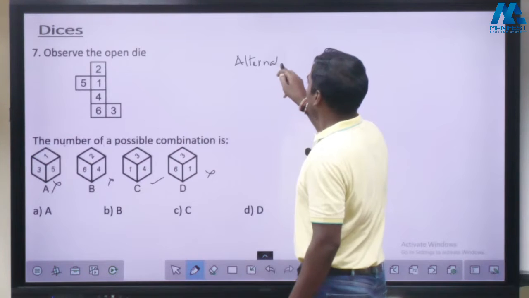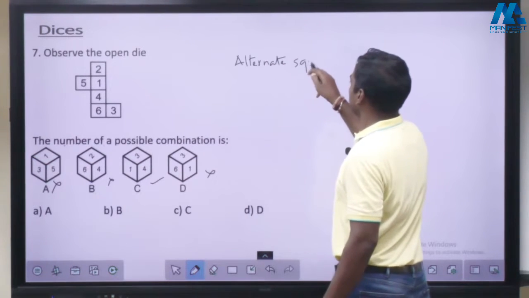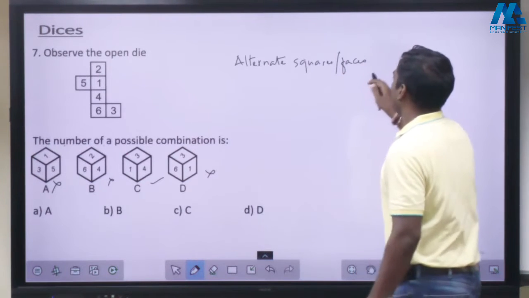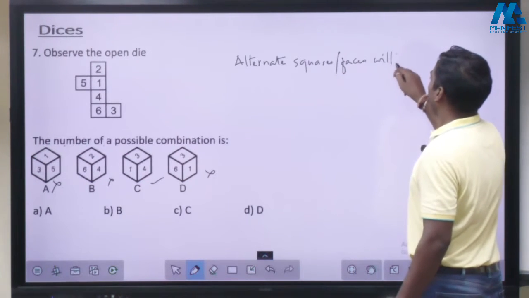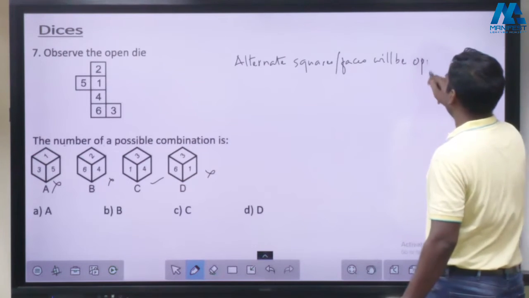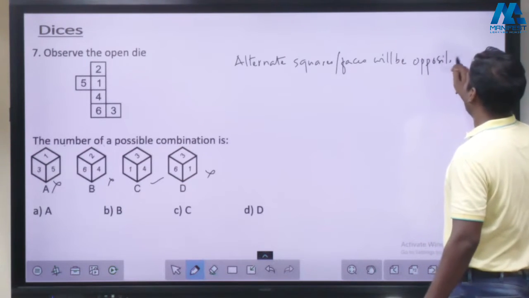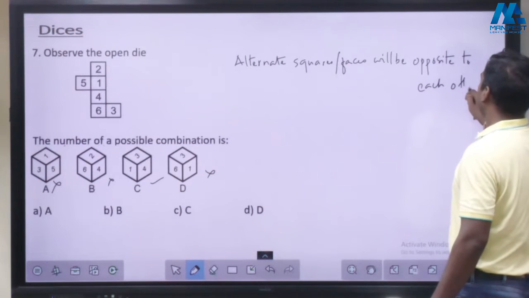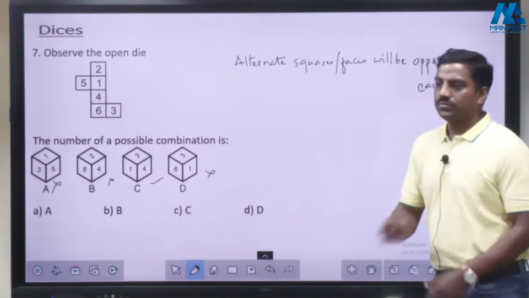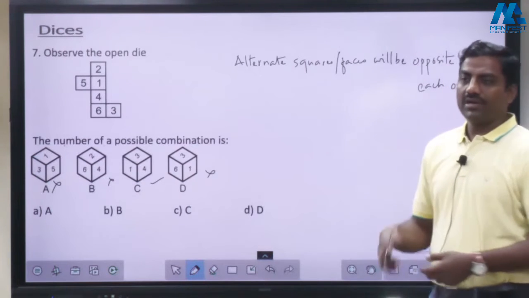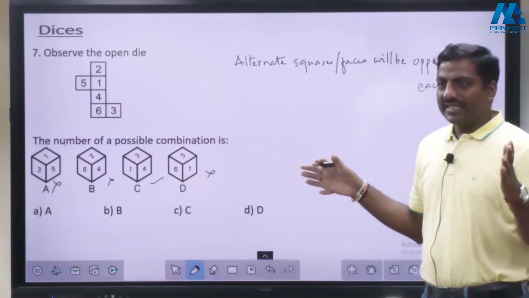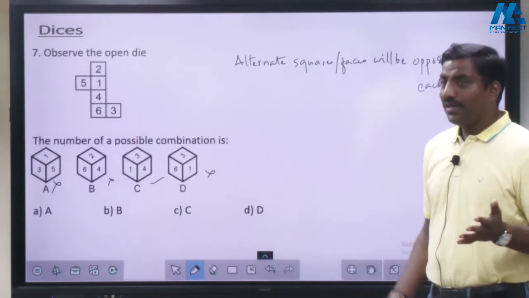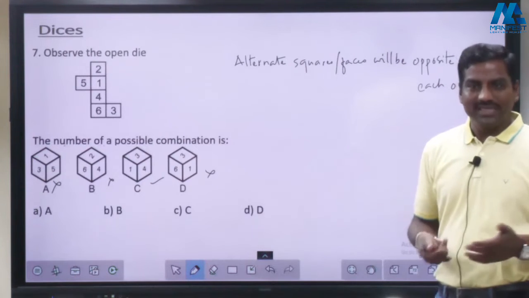Alternate squares or faces will be opposite to each other. See, here the English sentence might not be that accurate, but at least you can make sense.